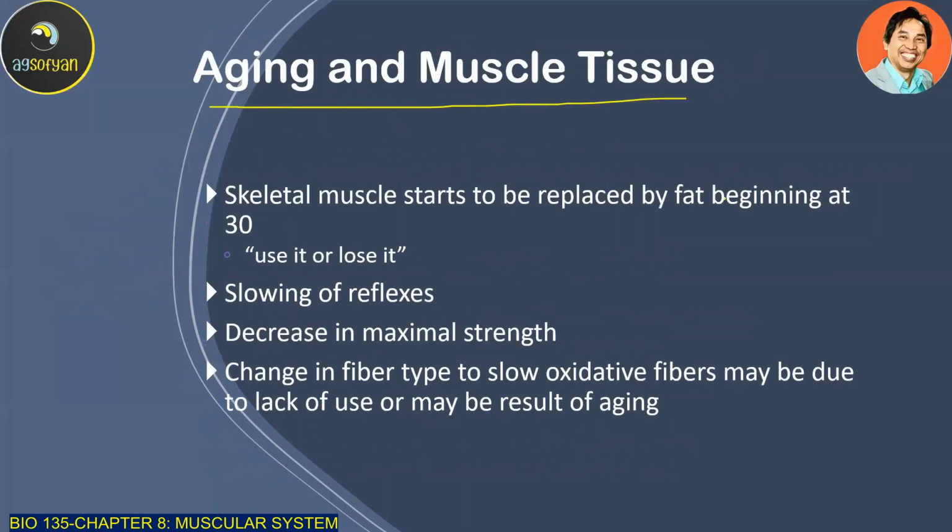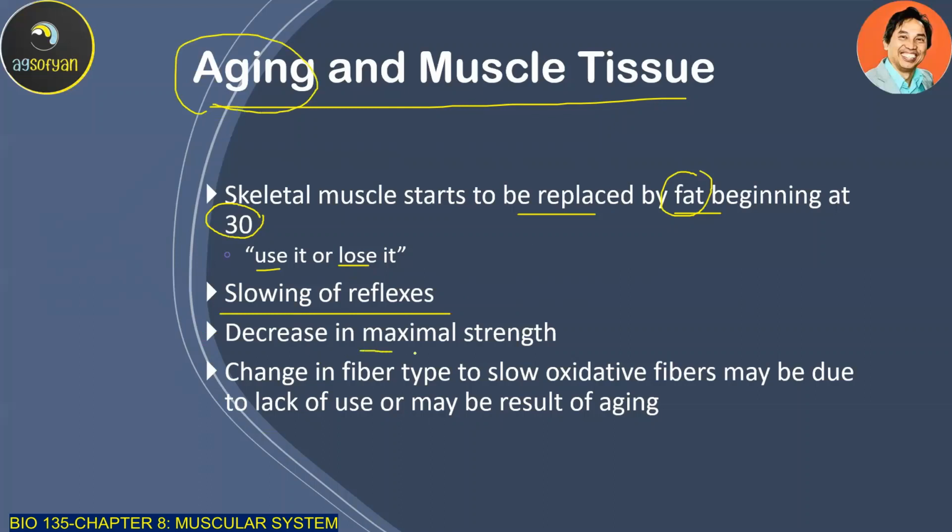Aging and muscle tissue. So skeletal muscle starts to be replaced by fat beginning at age 30. So this is really use it or lose it. If we use it, then our muscle becomes better. If we do not really use it, then there will be more fat deposited around the muscle tissue. And we start to become slower in our reflexes when we are older.